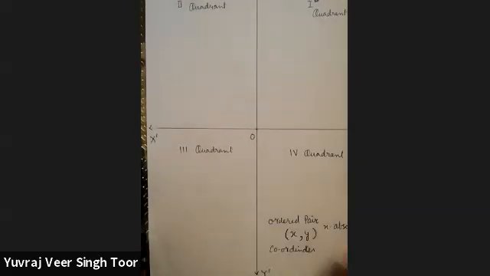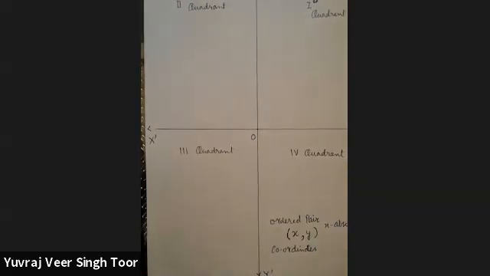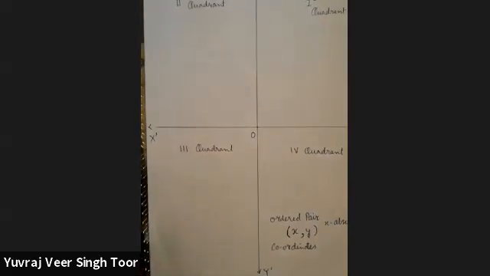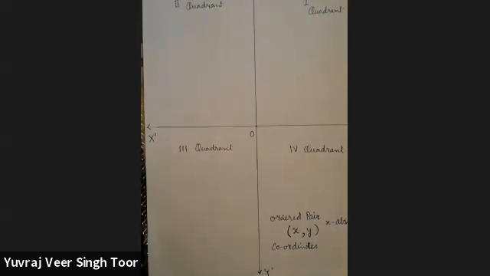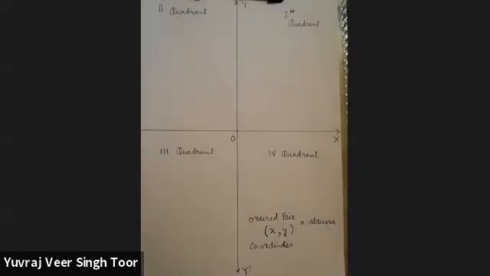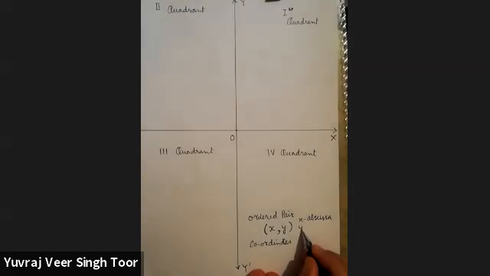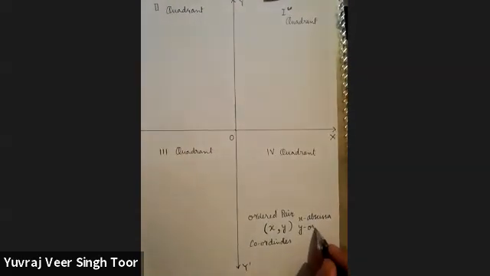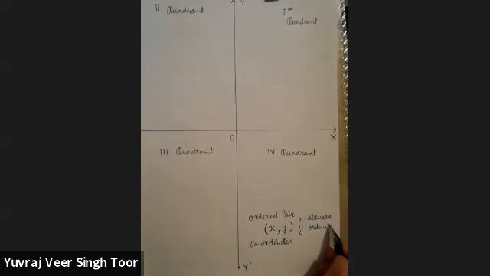The horizontal length from the origin, which helps to locate any point on this plane, is termed as abscissa. And the vertical distance up or down is named as ordinate. The coordinates of the 2 points help to locate any point in this plane.